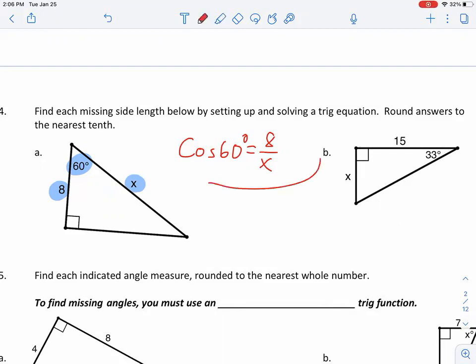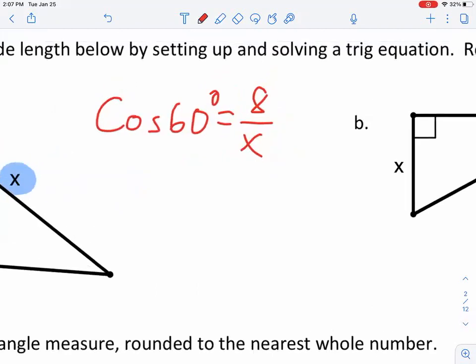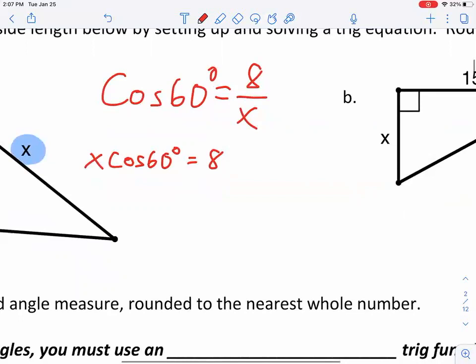So once I have this set up, I should be able to solve that for x. To solve that for x, I can multiply both sides by x. So I have x times the cosine of 60 degrees is equal to 8, and then divide both sides by the cosine of 60.